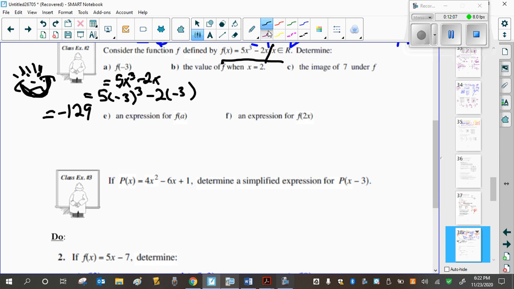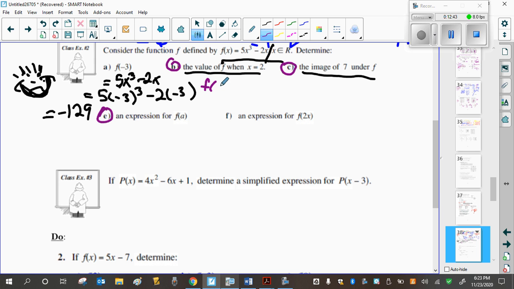Okay, so I want you to read B and figure out what it's asking, and read C and figure out what it's asking. For B, it says find the value of f when x equals 2, and so on. That just means find f of 2.